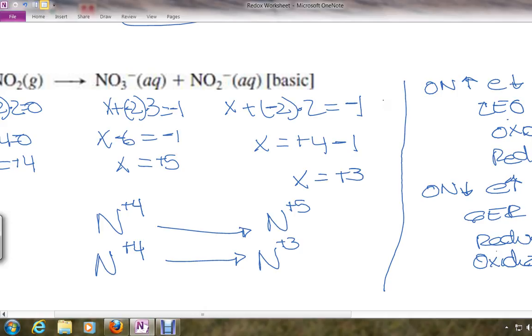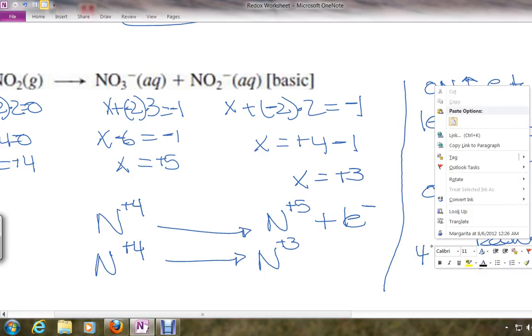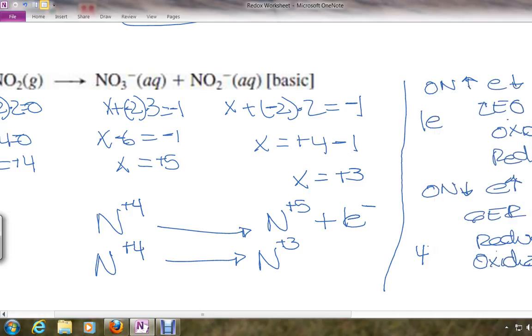So now, let's look at the number of electrons. How many on the first one? The nitrogen is losing one electron. How many nitrogens do I have on the first half reaction? One. So it's one electron. The oxidation number on the second one is going from plus 4 to plus 3.